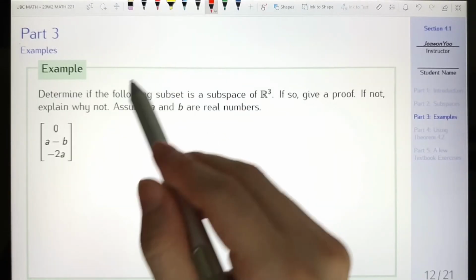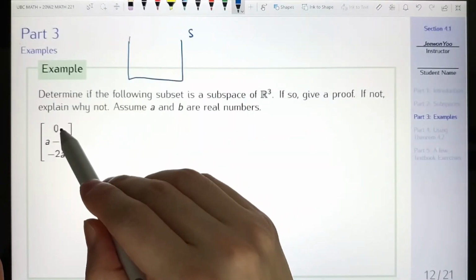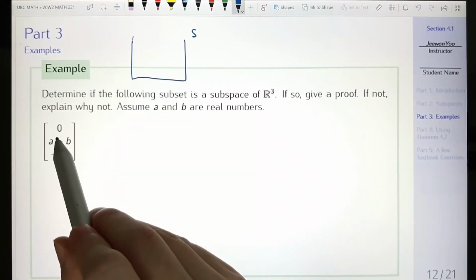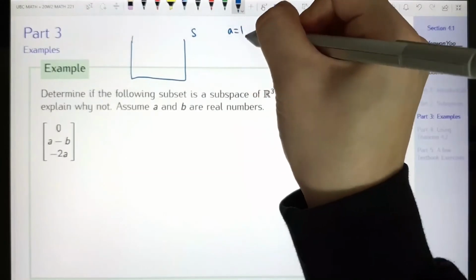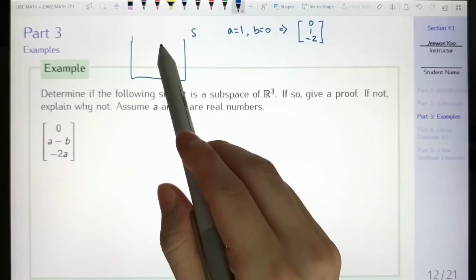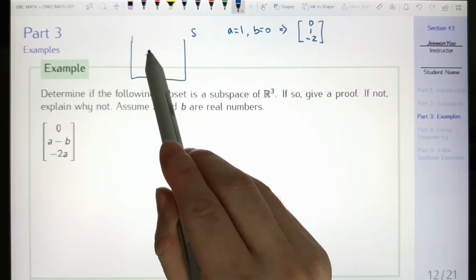Just like before, we have a box S that contains these vectors. If you choose a to be, say, 1, and b to be 0, we have one particular element living in this box: 0, 1, negative 2 is in the box.